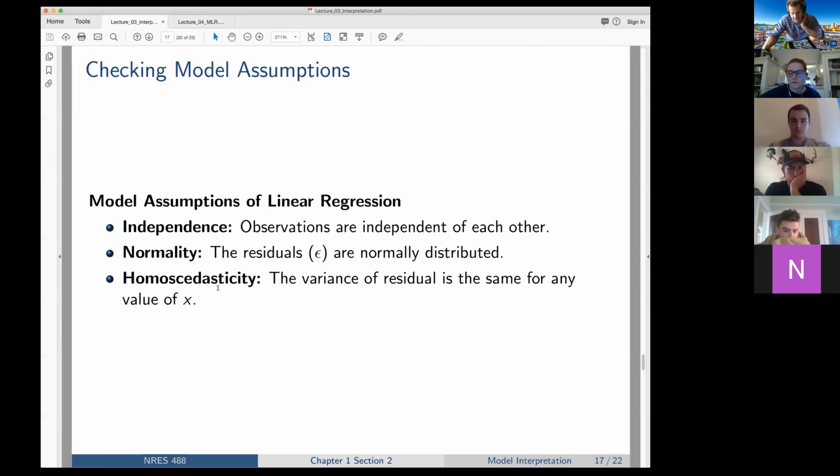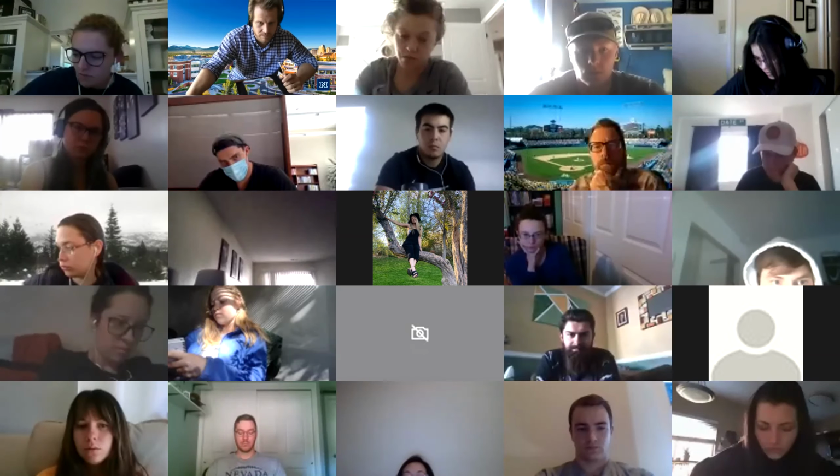And then homoscedasticity, that the variance of the residuals is the same for any value of x. So the variability in our data doesn't increase or decrease as we increase the values of x. For the elk example, what that means is as the years increase from 2005 to 2019, the data don't get more and more spread out. Let me show an example of what this looks like on the whiteboard.